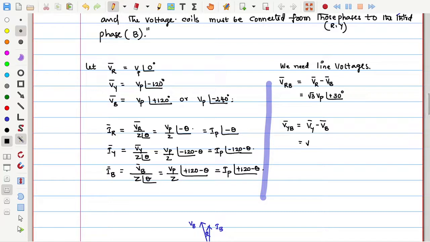Here also, root 3 times VP at an angle of VY plus 30. How much is VY? Minus 120. So plus 30 is minus 90 degrees. So cross verify whether you get VRB, VYB, these voltages or not. Now carefully observe the magnitude of VRB and the magnitude of VYB.